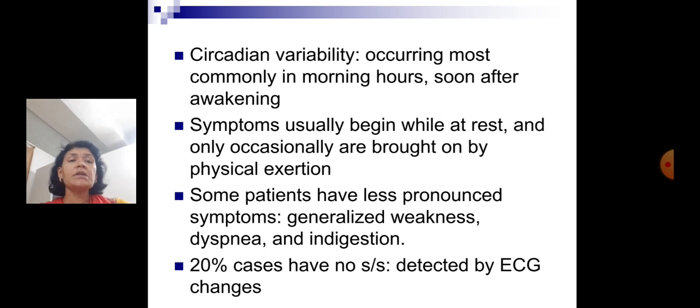Some patients have less pronounced symptoms, they can feel just generalized weakness, dyspnea, and indigestion, and these are the patients who can be misdiagnosed as some dyspepsia or something else. 20% of the cases have no signs or symptoms, and they are only detected when we do ECG. There are changes of acute coronary syndrome on the ECG.